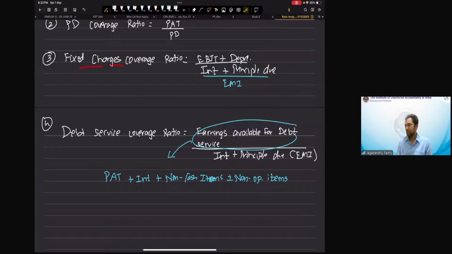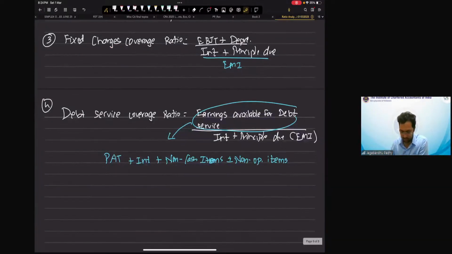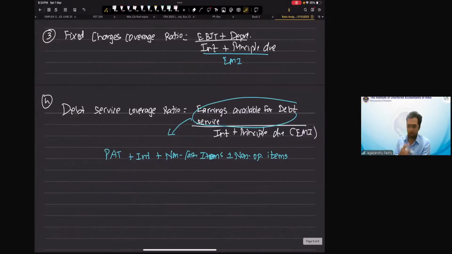Moreover, in fixed charges coverage ratio, we are not removing the non-operating item impact, because there may be items which are non-operating, like income which has come just once, or an expense which has occurred just once, like profit or loss on sale of an asset. Those non-operating items are removed in the debt service coverage ratio. Debt service coverage ratio is a more accurate and sophisticated formula as compared to fixed charges. Okay, sir.